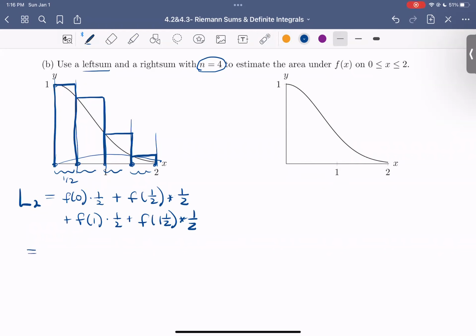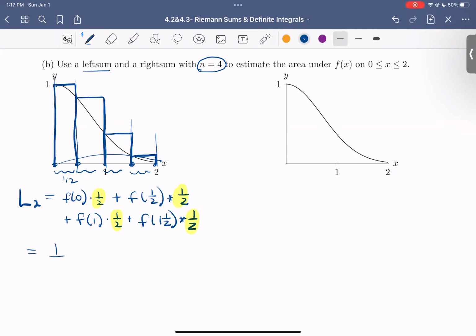So f of 0 gives me e to the 0 times 1/2. Then I have plus e to the negative 1/4 times 1/2. And actually what I'm going to do is just factor out a 1/2 from each term before writing this out. So notice each term in my sum has a factor of 1/2.